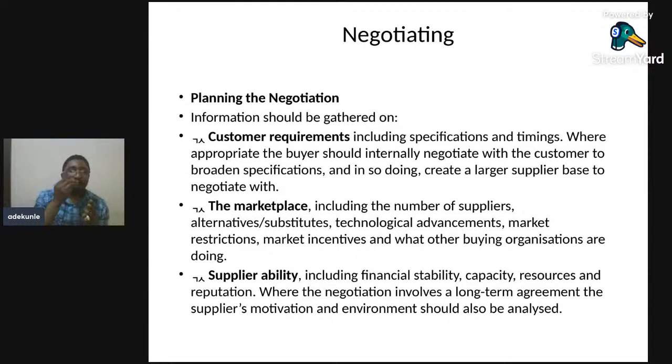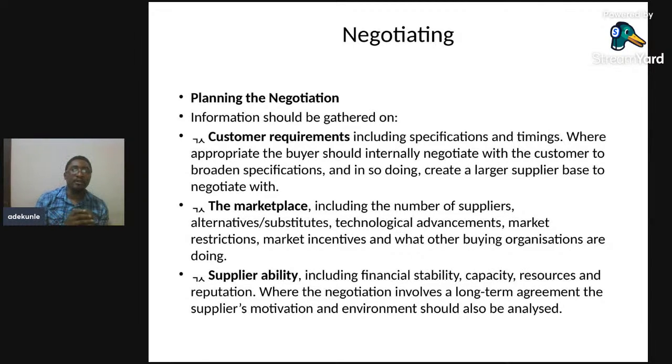So one thing that must be done when you are planning negotiation is that first and foremost, you want to get information gathered. Information should be gathered on, one, the customer requirement, including the specification and timing. You gather information on the marketplace, including the number of suppliers, alternatives or substitutes that are out there, technical advancement, market restriction, market incentive, and what other buying organizations are doing.